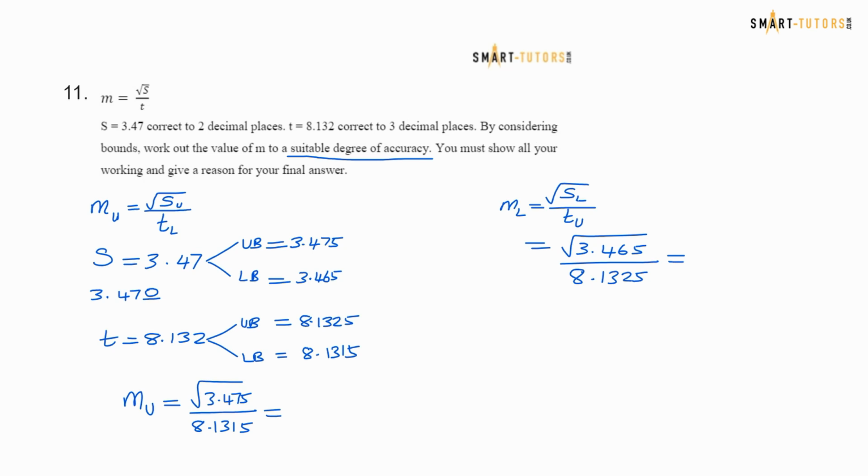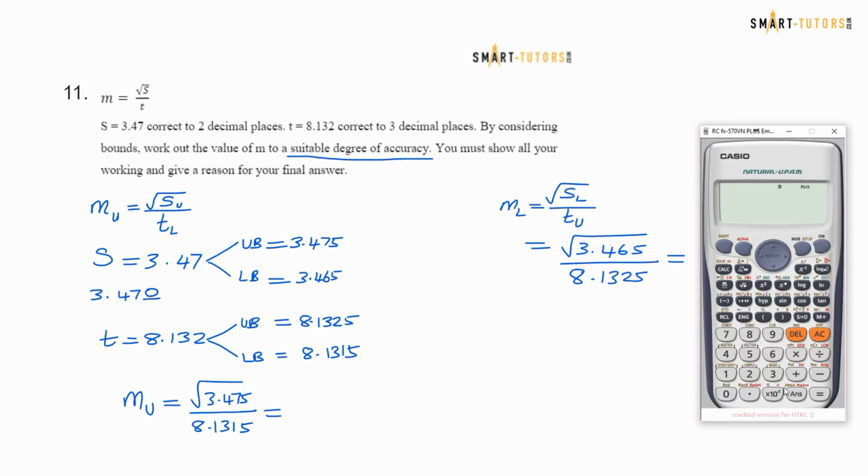We need to use the calculator to find the answer for both. Let's quickly do that. Use the fraction, square root of 3.475 divided by 8.1315. So the answer is 0.229248.